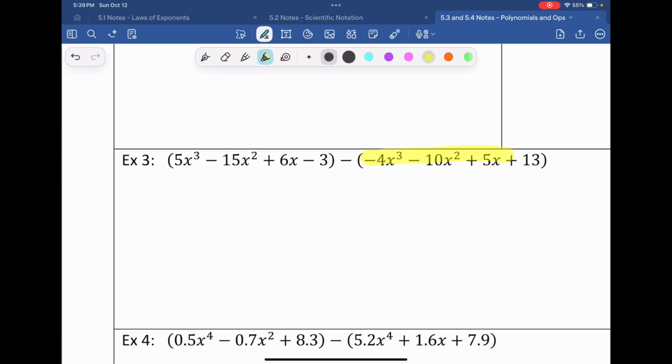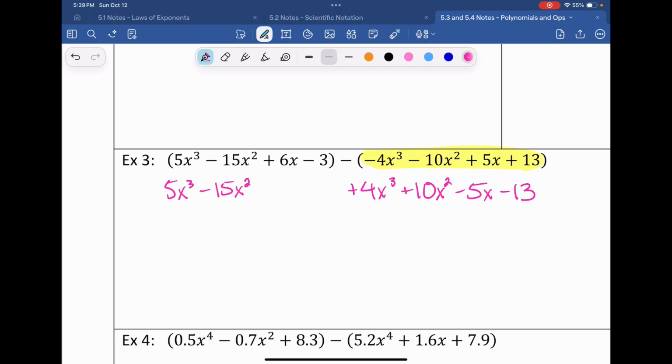Change all the signs of the second polynomial with subtraction. Anytime you see subtraction. So negative 4x cubed, positive. Negative 10x squared, positive. Positive 5x, negative. Positive 13, negative. This time the largest exponent is the 3, which I have another one there.